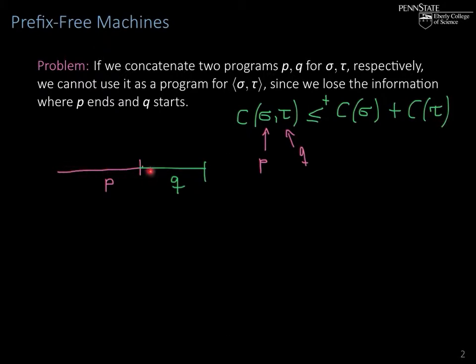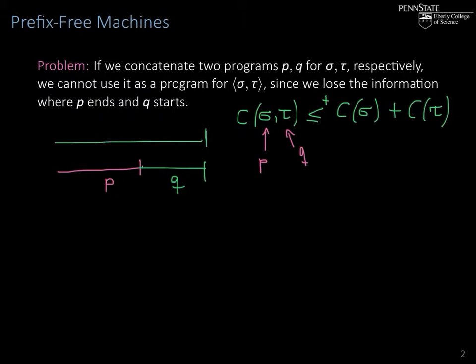But we cannot use this combined string as a program for the pair, because if a machine starts scanning here, where does it recognize that the program P ends and the program Q starts? The machine itself will just see one big string.